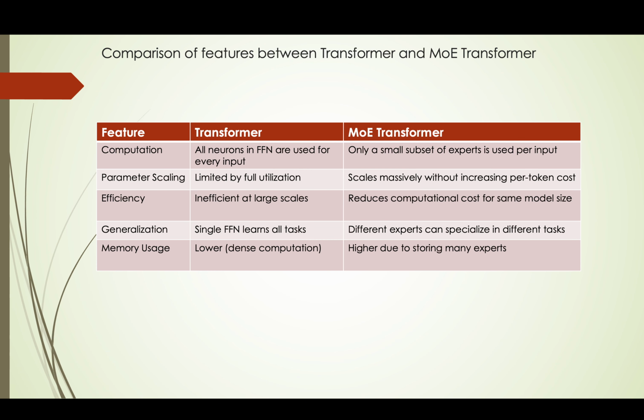So this is a typical comparison of transformer and MoE based on computation, parameter scaling, efficiency, generalization, and memory usage. Memory usage is high in MoE due to storing many experts.